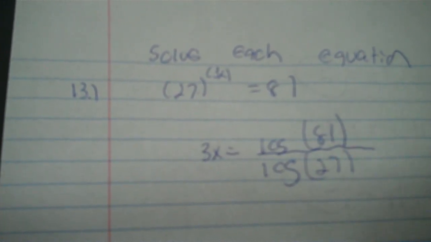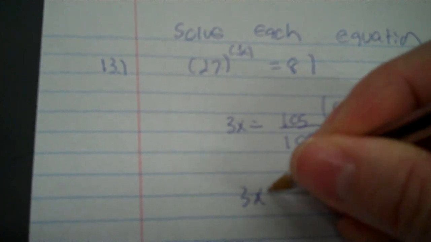I'm ready to just do this. So on a calculator, I take log 81 divided by log 27. Okay, 1.33. Then I divide both sides by 3.